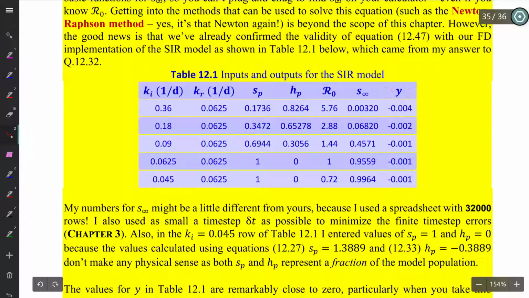Now, I redid this, the problems, and because I was trying to see how well it would do, instead of using like 15,000 rows, I did 32,000 rows, which is like kind of crazy big. But what it did was it made these values of y, you'll notice they're all really quite small. And the last three here are actually consistent with what the value of S was at the beginning of the problem.